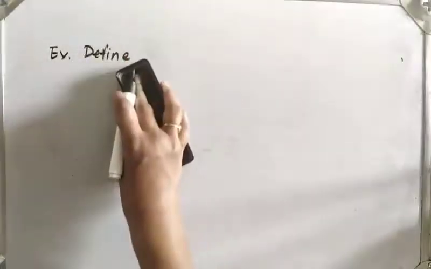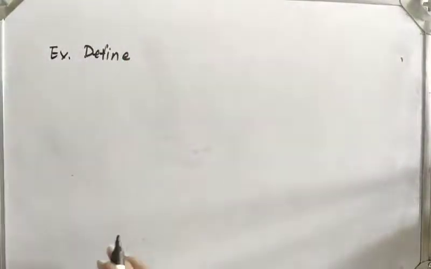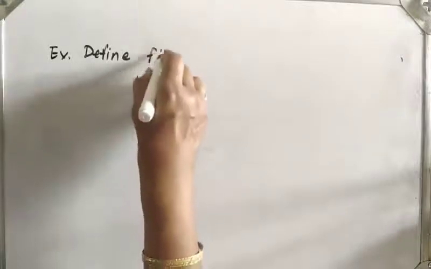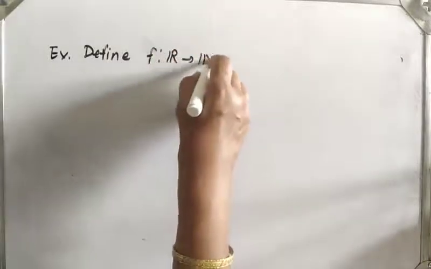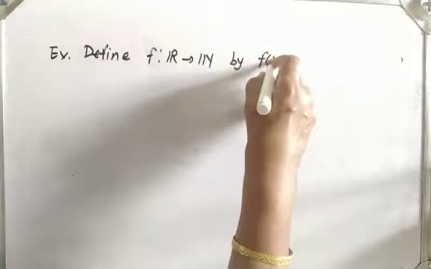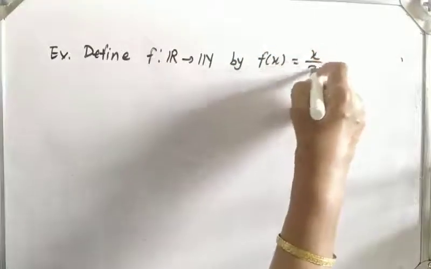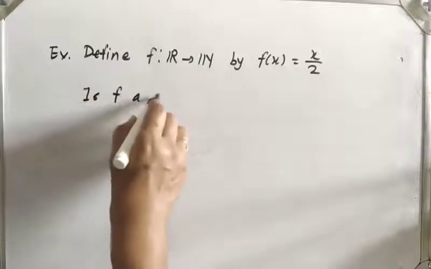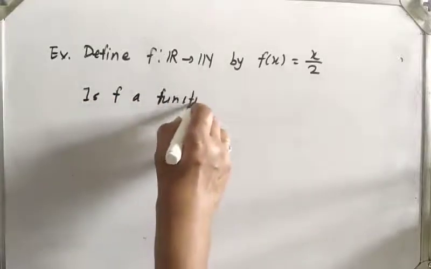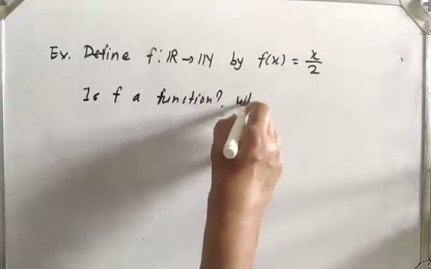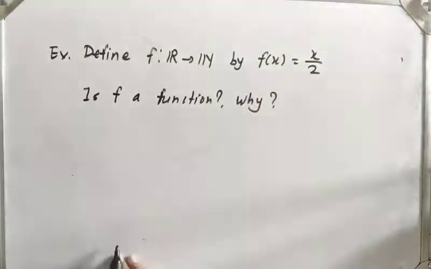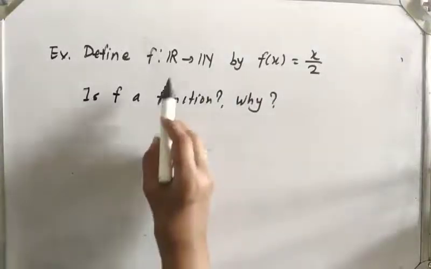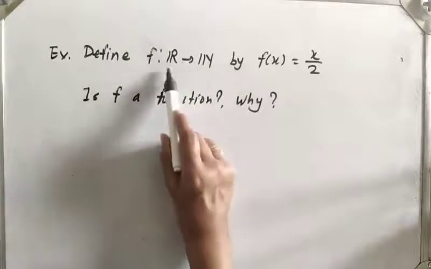Then next example: define f from R to N by f of x is equal to x by 2. Is f a function? Why? So what is the domain? Domain is the set of real numbers.